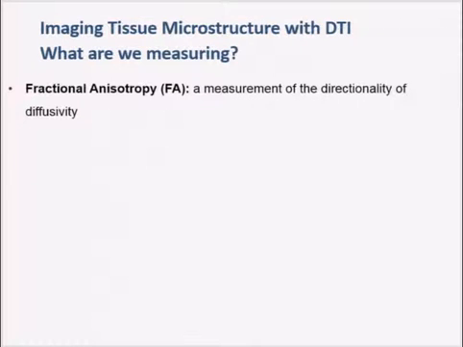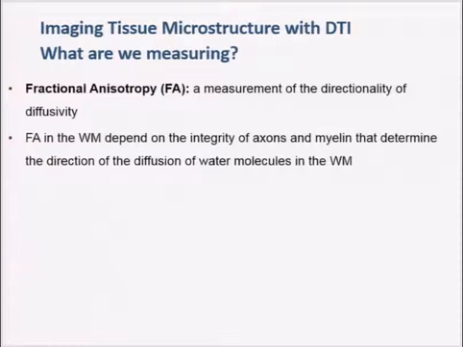Now, another metric which is particularly useful in white matter is the fractional anisotropy, or I will be referring to it as FA, and this is a measurement of the directionality of water diffusivity. As you know, water diffuses in a certain direction in the white matter across the trajectories, and it depends on the integrity of axons and myelin that determine the direction of the diffusion of water molecules.